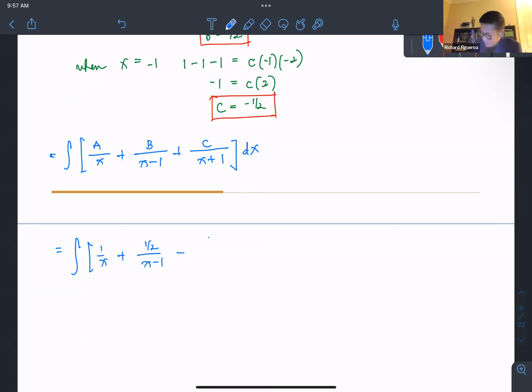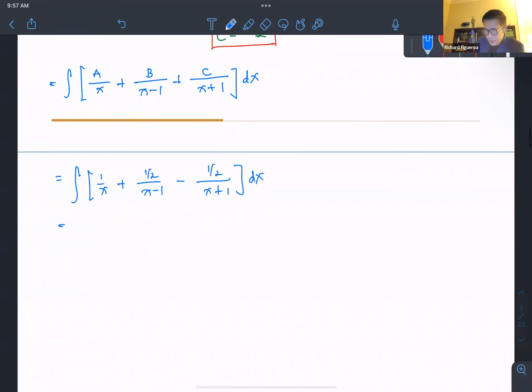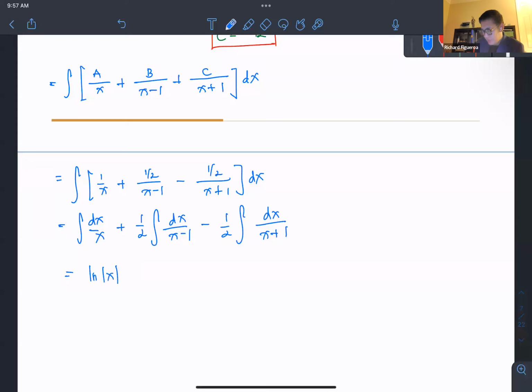Then minus 1/2, so C is negative 1/2, over x plus 1 dx. That's the same as the integral of dx over x, plus 1/2 the integral of dx over x minus 1, minus 1/2 the integral of dx over x plus 1. The final answer would be ln of x plus 1/2 ln of x minus 1 minus 1/2 ln of x plus 1.